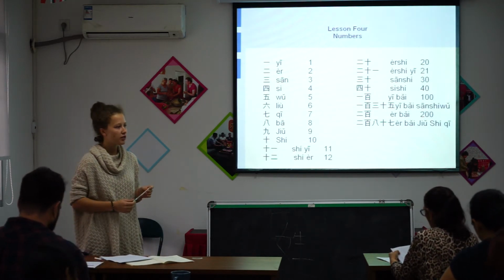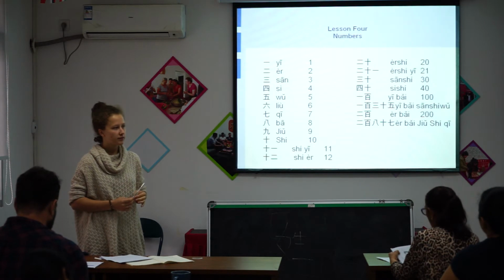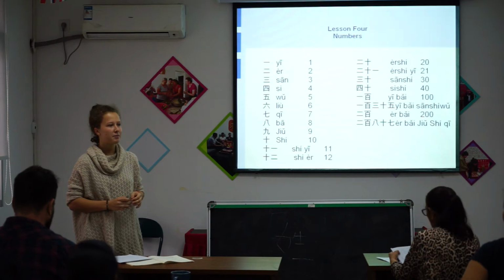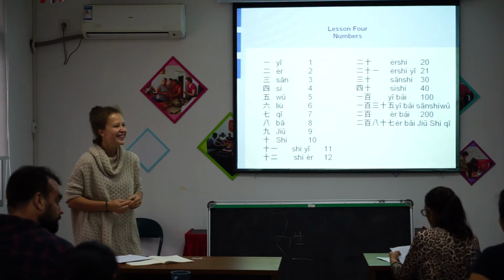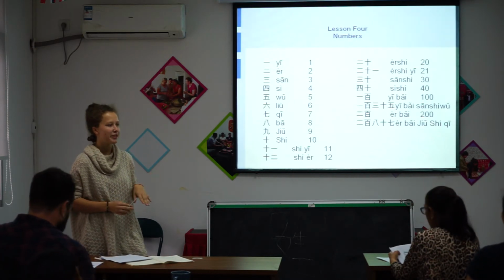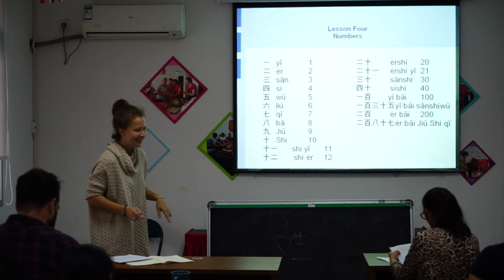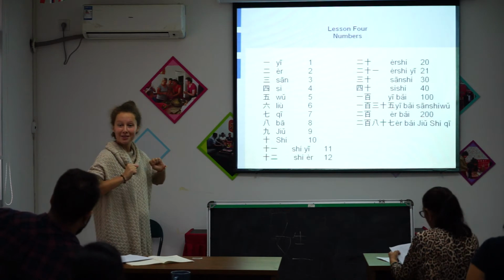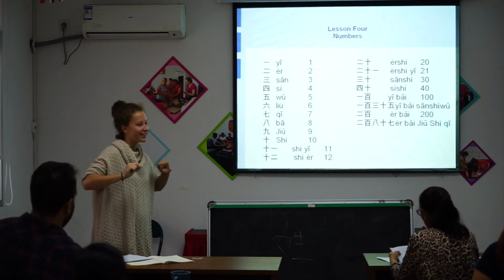How do you say it in Chinese? 878. The faster the better. 878. We can have some practice next time too. We can have a competition, who speaks the fastest gets some prize.